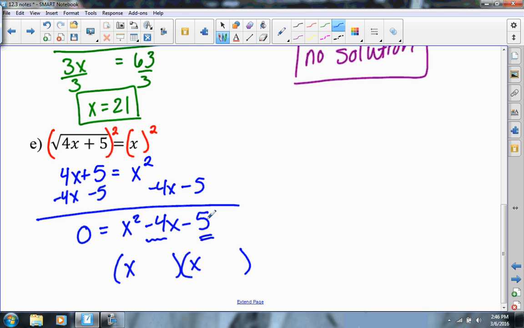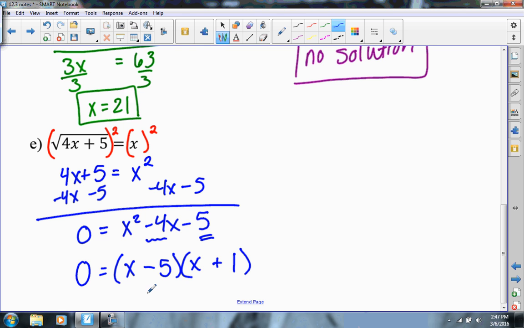And then the factors of 5 that get me to 4, that's going to be 5 and 1. But I need them to get me to a negative 4. So I need the 5 to be negative and the 1 to be positive. And then I'm going to check. If I multiply them, they multiply to a negative 5. And if I add them, they add to a negative 4. So that's good. I did my factoring correctly.